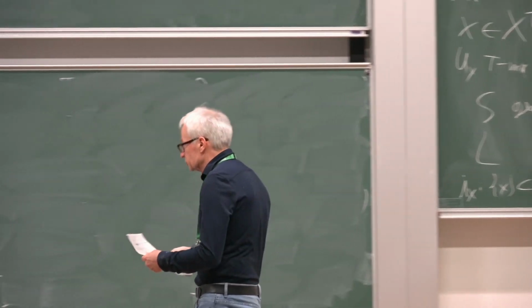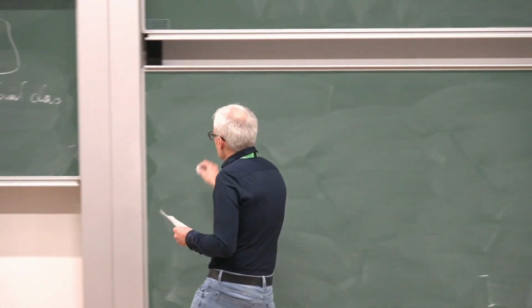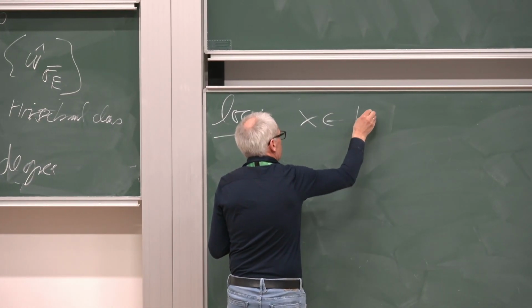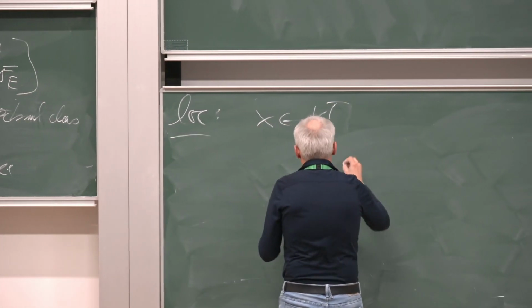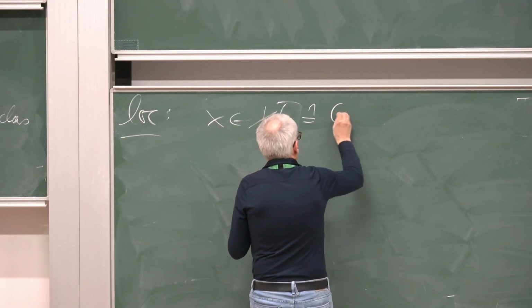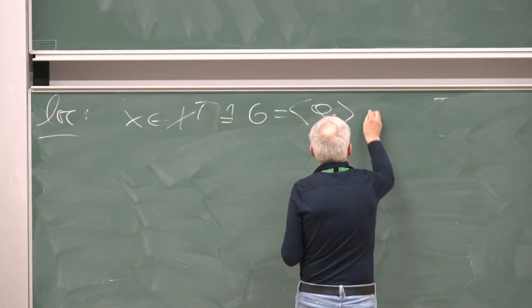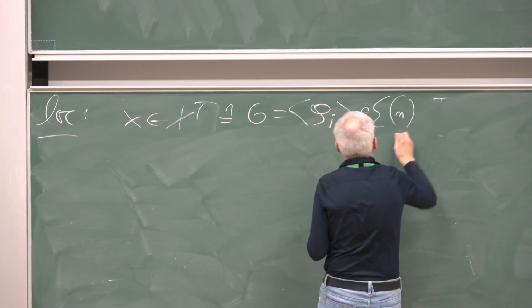So how to fix this notation now? So now we localize. So I fix a torus fixed point, which should correspond to a cone generated by some rays ρi, which should be a top-dimensional cone because I have a fixed point.